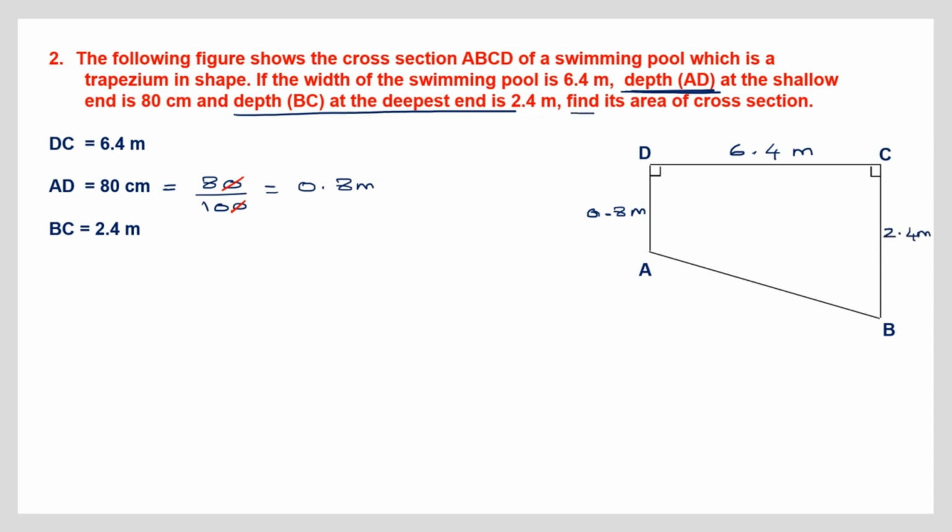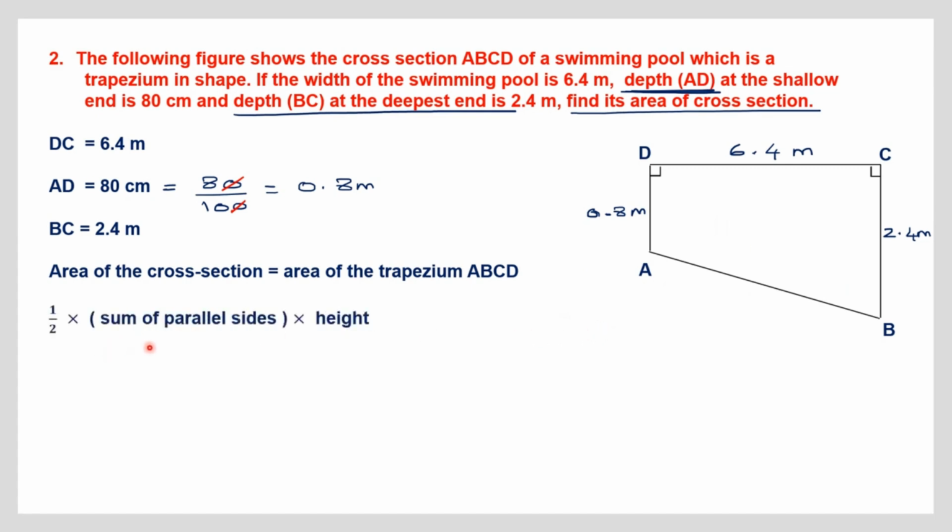Now we have to find the area of the cross section. So area of the cross section is the area of this trapezium ABCD. So what is the formula to find the area of the trapezium? Half into sum of parallel sides into height. So let's substitute wherever we can. That is 1 by 2 into sum of the parallel sides. We have two parallel sides here, the side AD, 0.8, and BC.